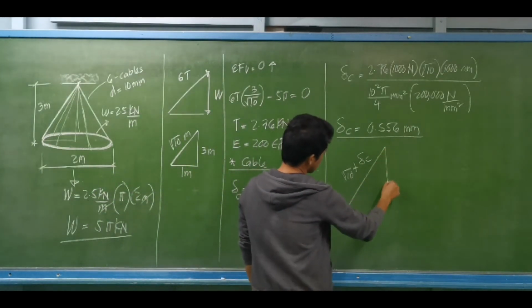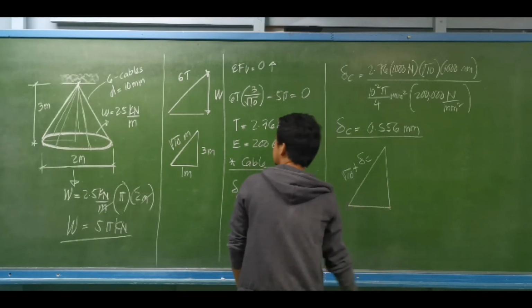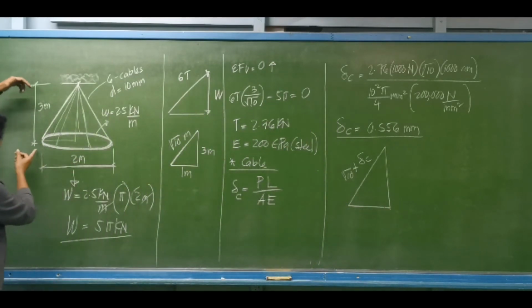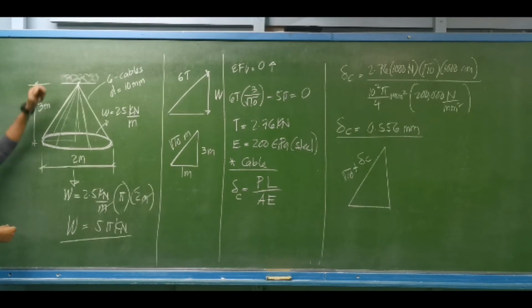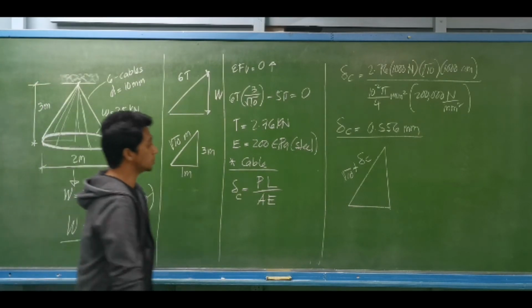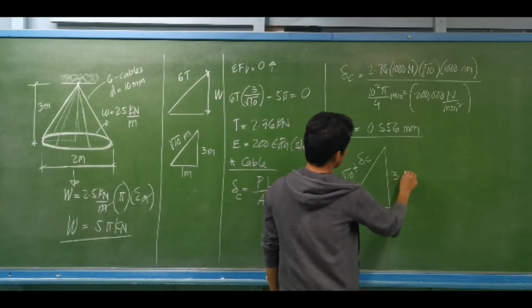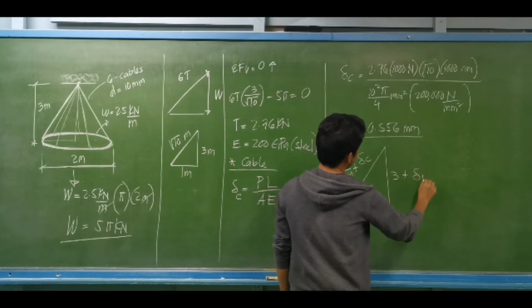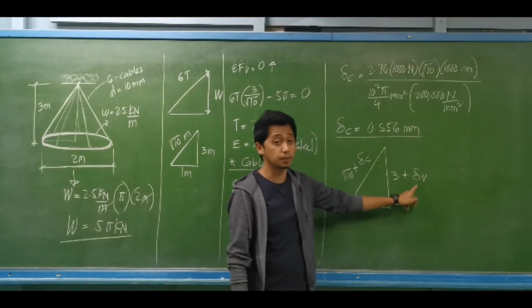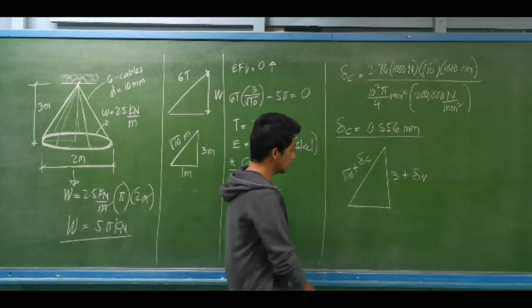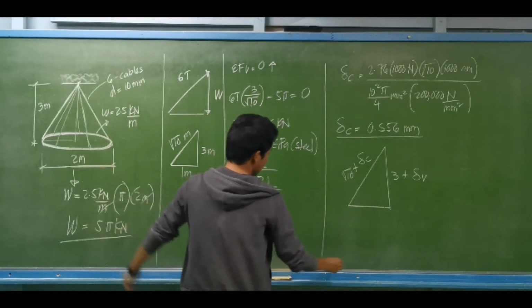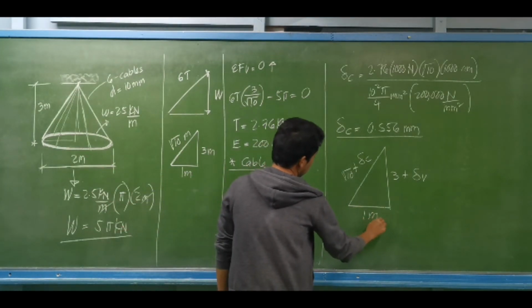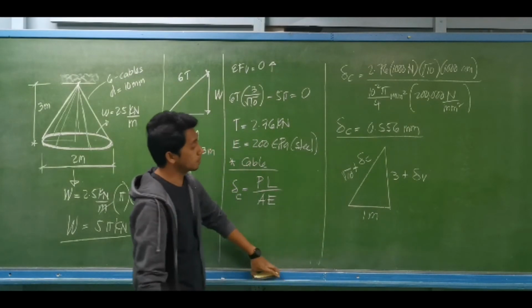Initially the distance from the ceiling to the ring is 3 meters. But this time, you'll be having 3 meters plus the vertical displacement. Let's say this is delta B. But by the way, the radius of the circular ring will remain as 1 meter.